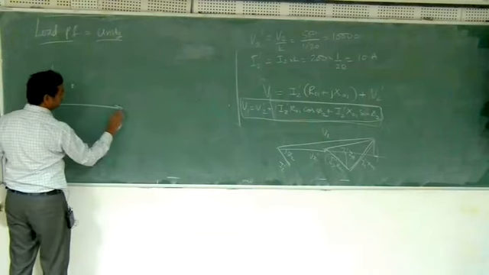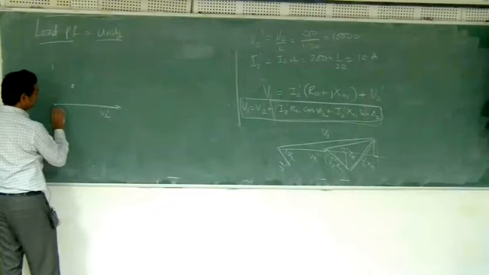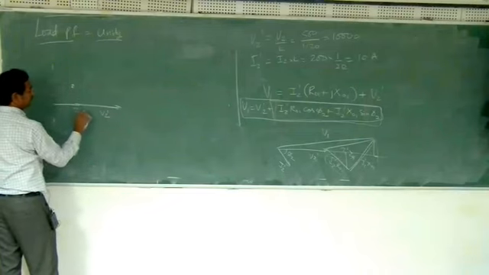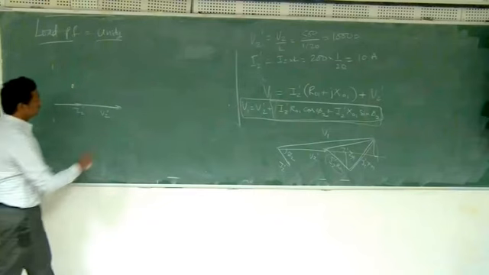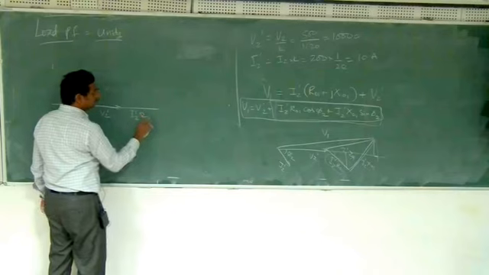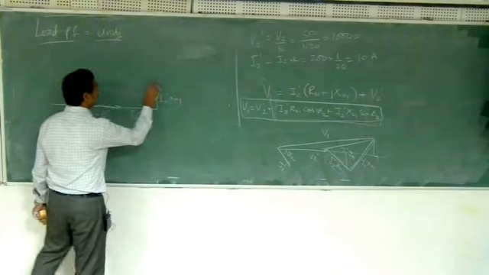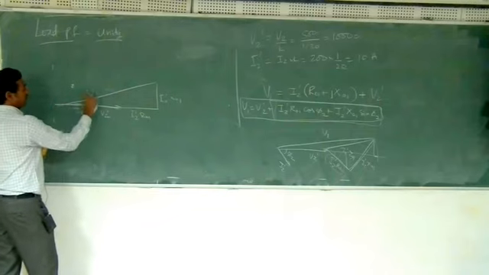So, we have V2. V2 dash will be also like this. Then I2 dash will be in phase with V2 dash. So, then this will be I2 dash R01 and this will be I2 dash X01 and this will be V1. Okay.